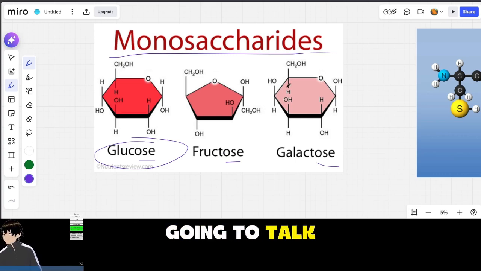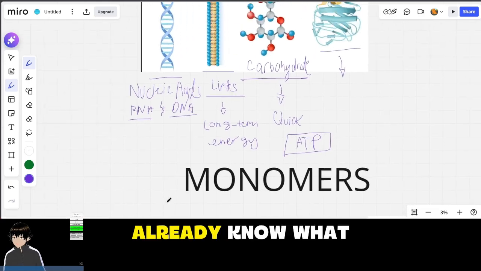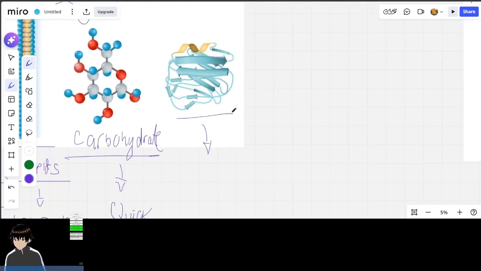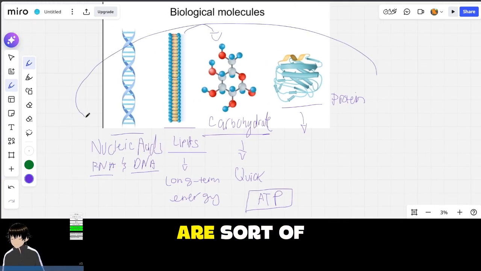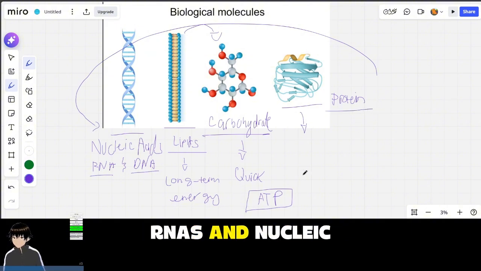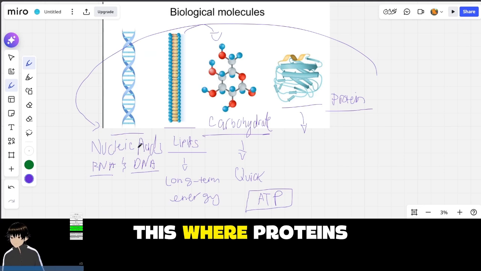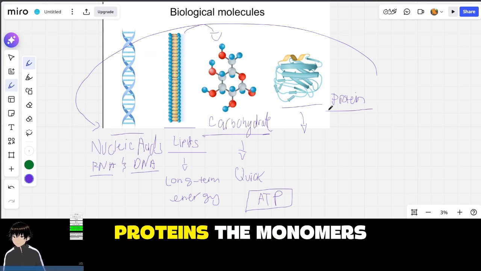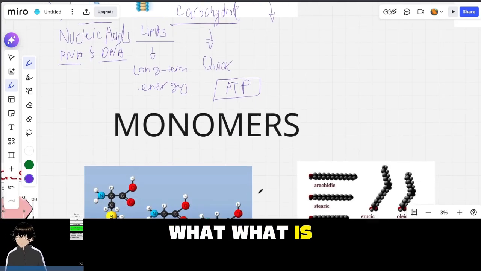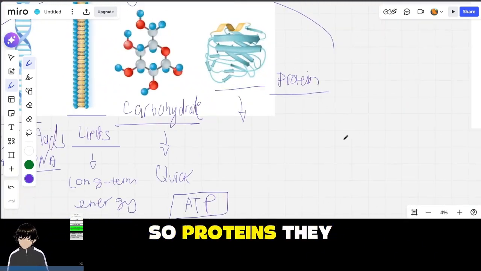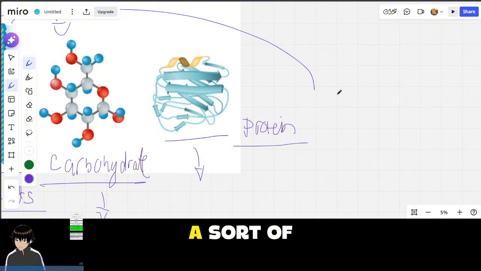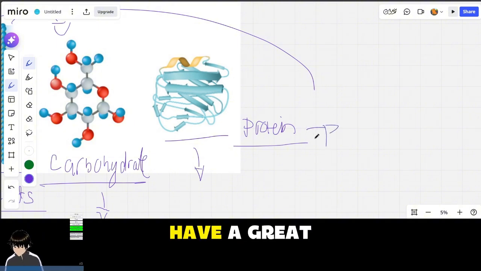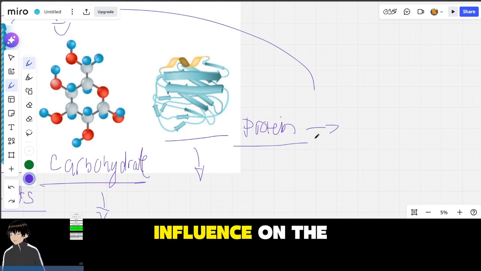Okay, so now we're going to talk about proteins. You guys probably already know what a protein is. Proteins are related to nucleic acids simply because proteins are synthesized from RNA, and this is where proteins basically happen. What is the function of proteins first? Proteins have great influence on the tissue of beings.